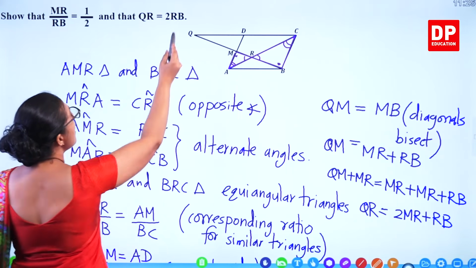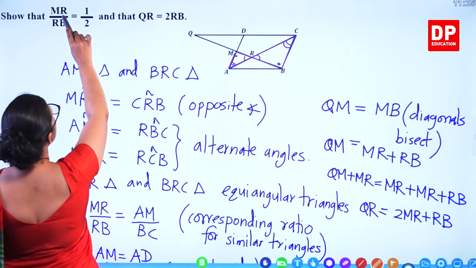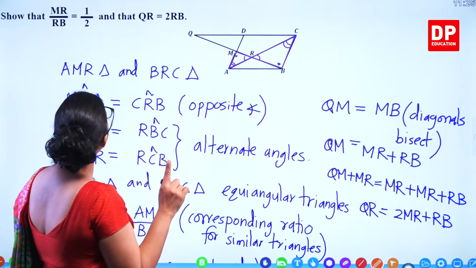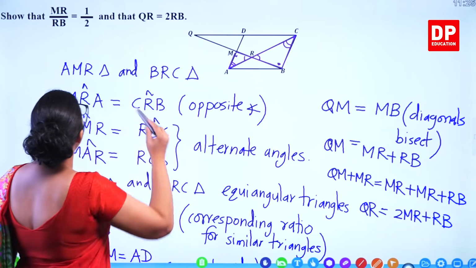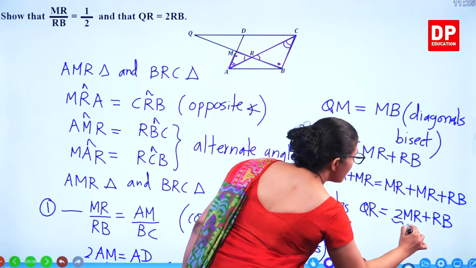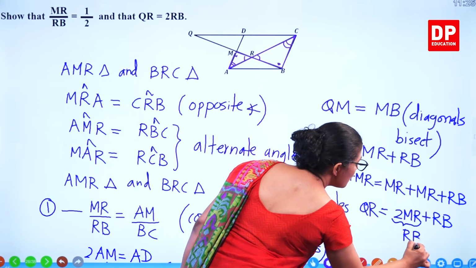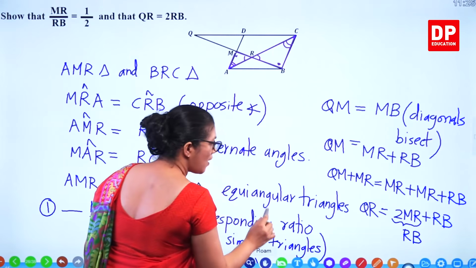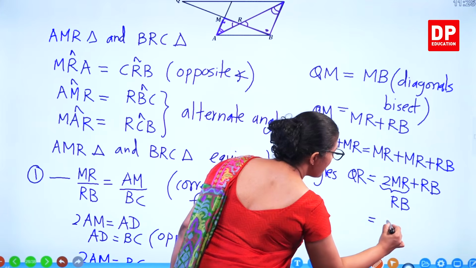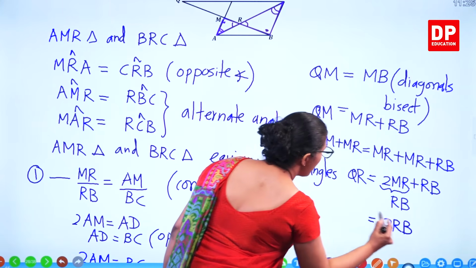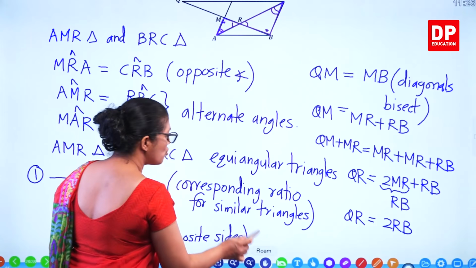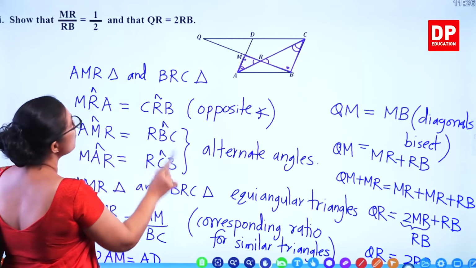So here from the previous one, I can say 2MR is RB, from the first part. So what's the final answer? RB, and RB becomes 2RB. So you get QR is equal to 2RB. So that's what we need.